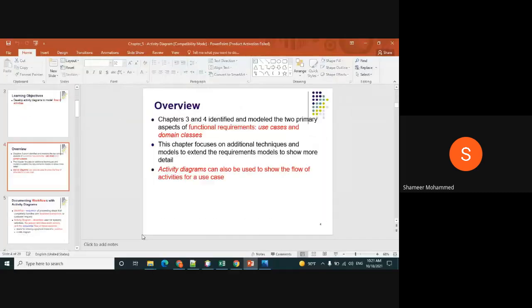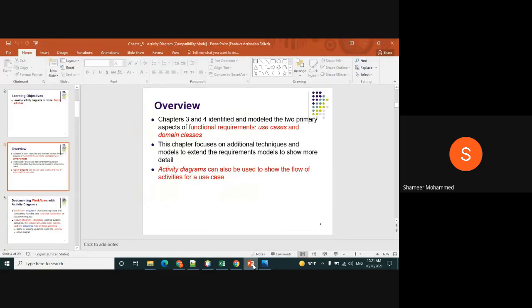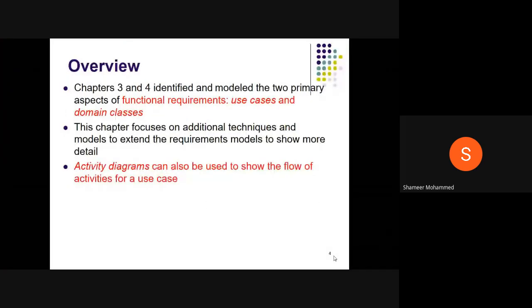The use case is just a case. The steps are what you will draw in this activity diagram. It will show the flow of activities for a specific use case. If you understand this, then this lecture is easy. Do you understand this one?